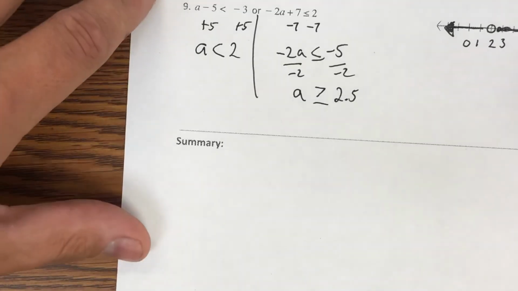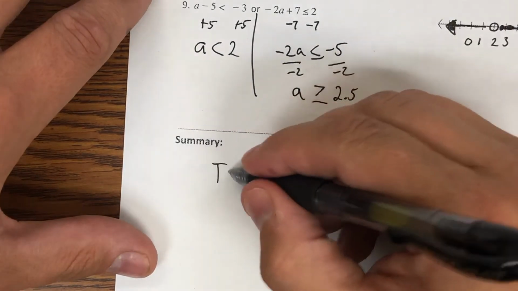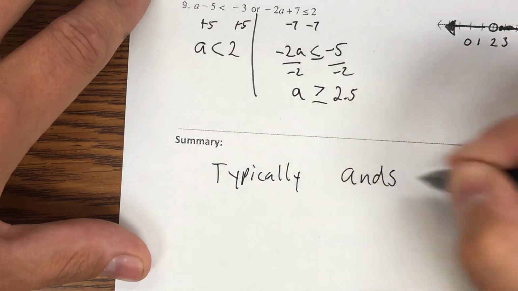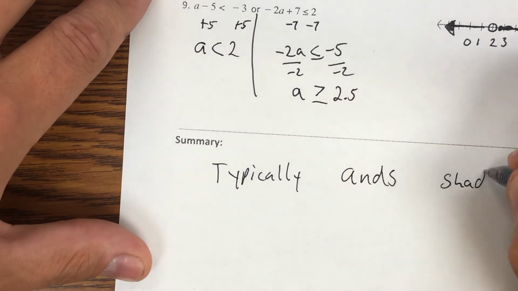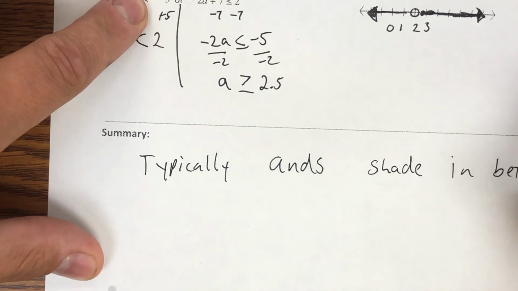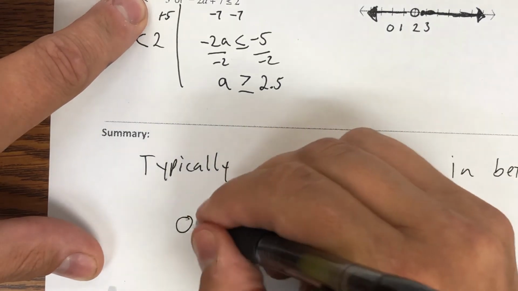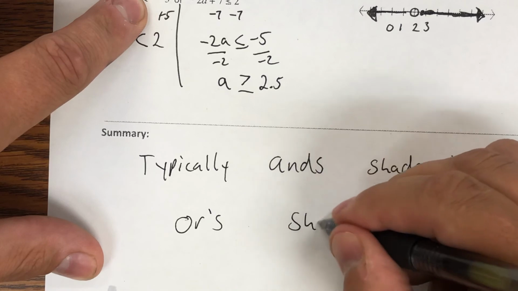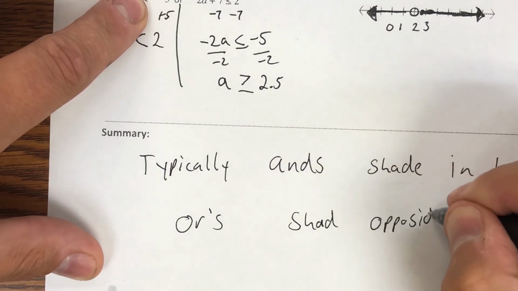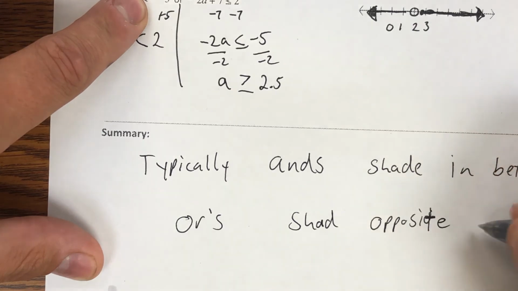So in your summary, I would want to include: typically, ands shade in between, ORs shade opposite directions.